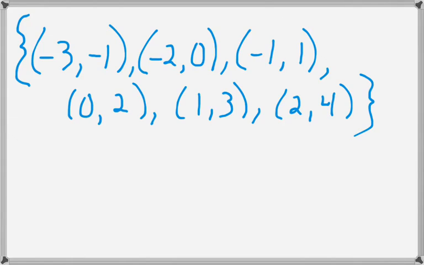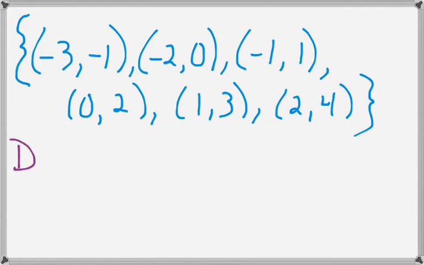Each input is paired with its output. So for example, the input -3 gets mapped to the output of -1. If we had done this with mapping notation, we would have an arrow going from the number -3 in the input set over to the -1 in the output set.